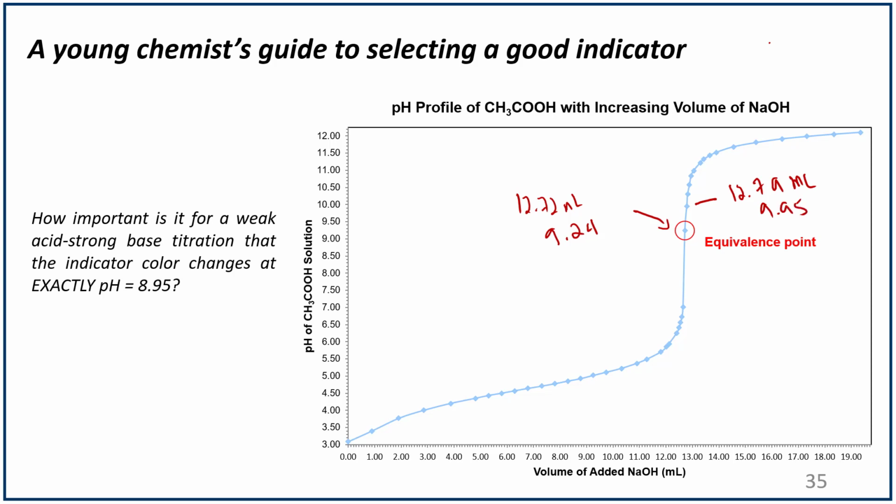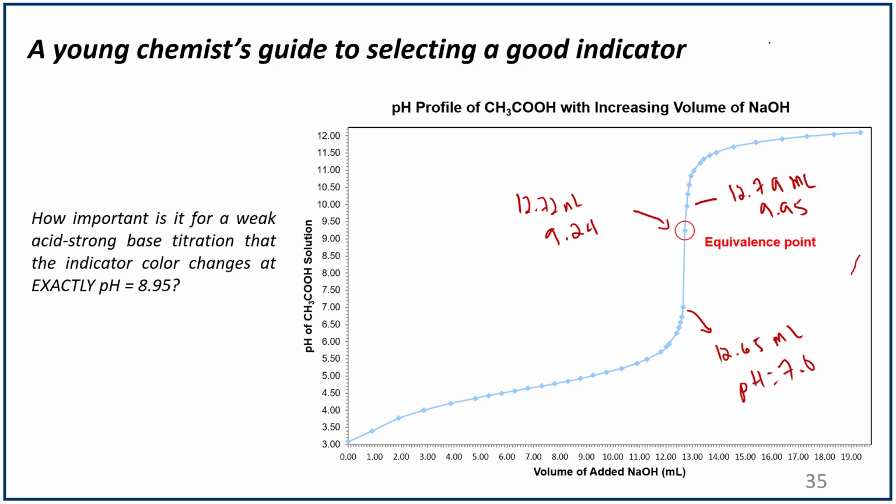And then other interesting points in the graph. Let's look at 12.65 ml, which is this one. That's almost a drop and a half, or not even. That's actually 3/4 of a drop. This is 12.65 ml, and the pH is actually 7.01.